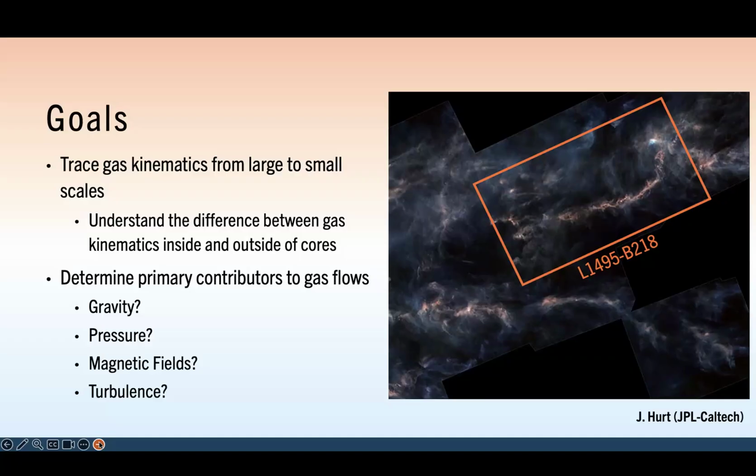So it forms mostly low mass protostars, which means that something like gravity can have a slightly lower contribution to these gas flows. So if we take gravity potentially out of the picture, then what else may be contributing to these gas flows? Could it be pressure, magnetic fields, turbulence, or something else?